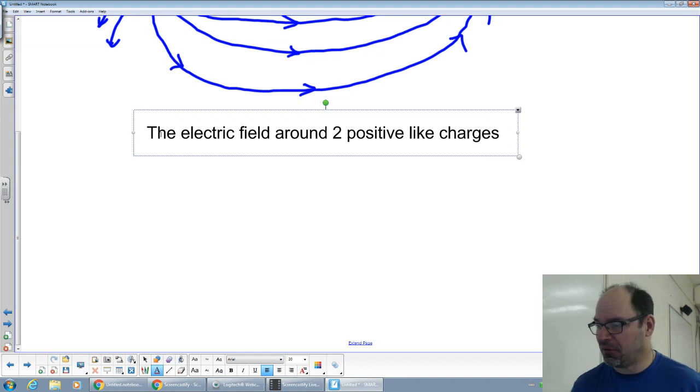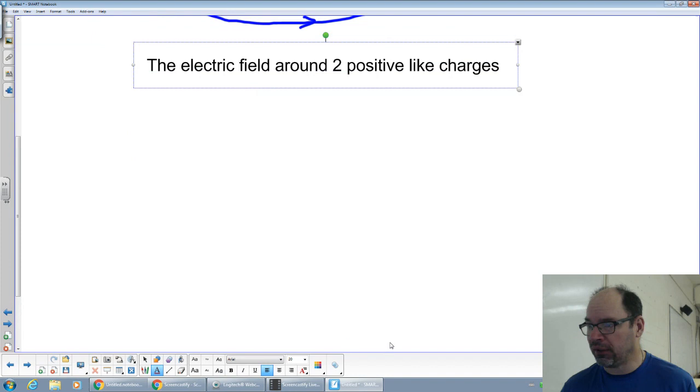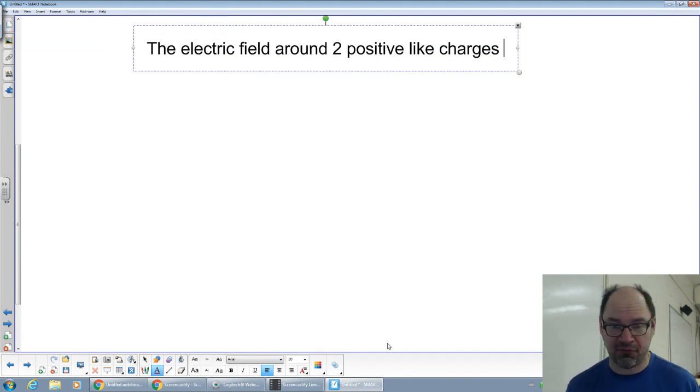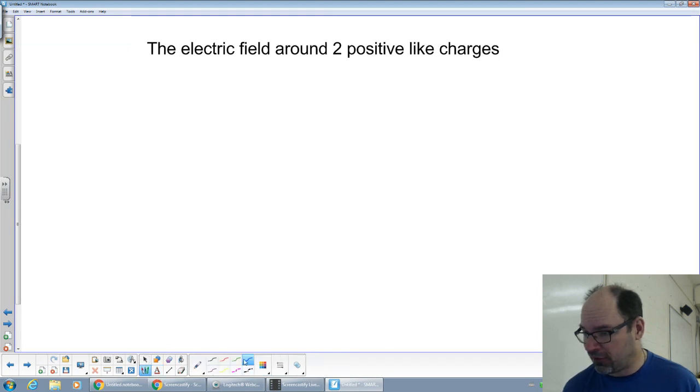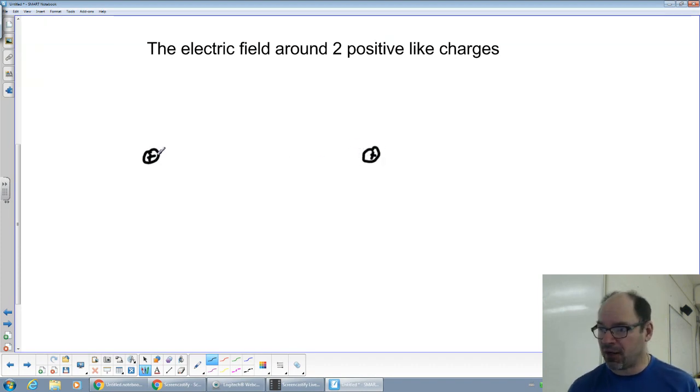So let's give ourselves a little more space here. Again, we're going to have our positive charges, and they're going to repel each other this time. So we have this force coming out, and then it bends upwards like this.